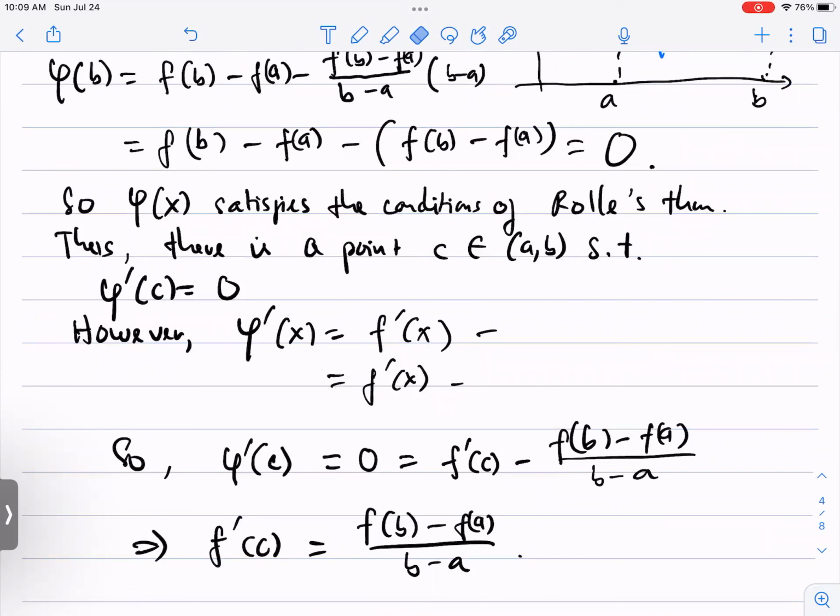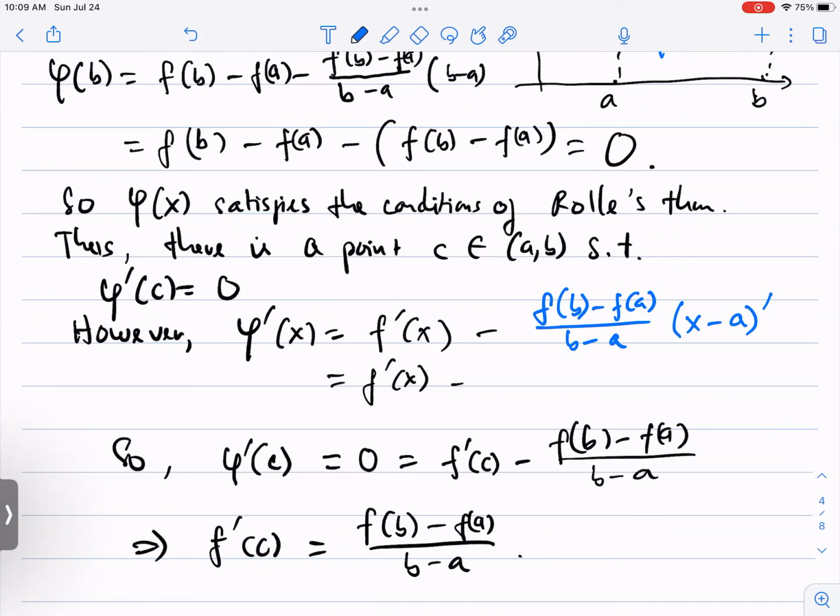Again, the quotient is a constant, so we only need to take the derivative of the expression x minus a, and the derivative of that expression is equal to 1.